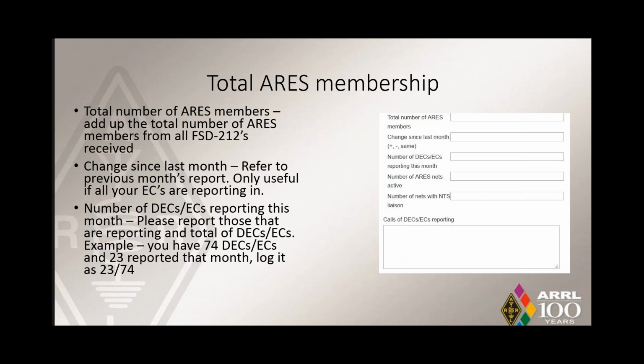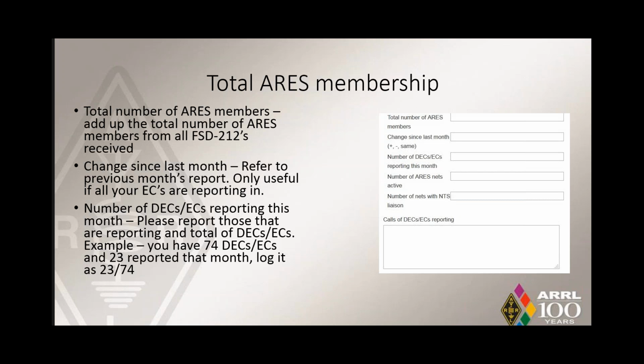So now we're going to look at total ARES membership. So the first line here is the total number of ARES members. This is the total number that comes in off the 212s that you receive as an SEC. So add them up, put them in there, and then you've got a space to indicate any change since the previous month. And of course, that change can only be counted if you're getting regular monthly reports from your ECs.